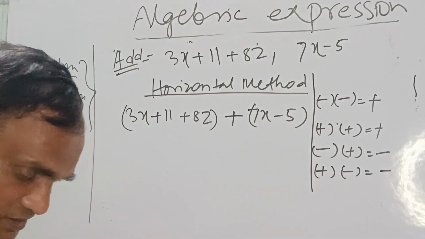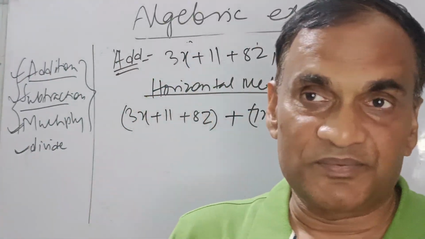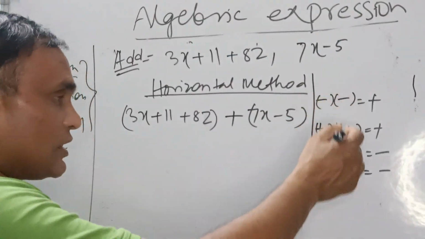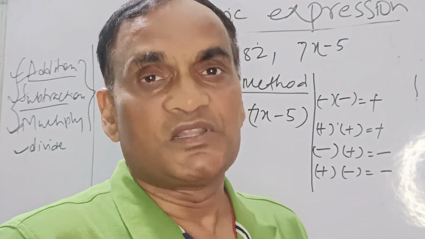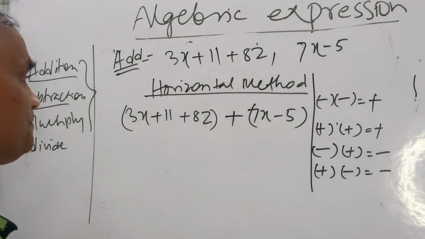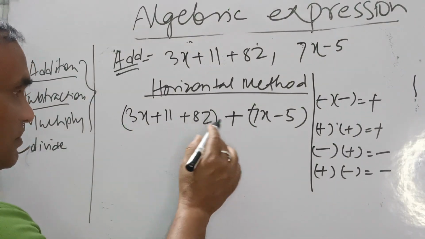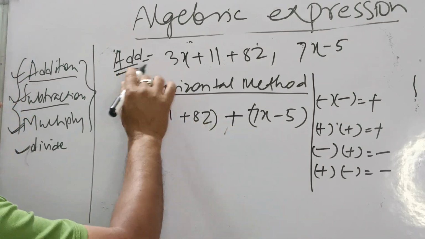These four things are very important for this chapter, and they are going to change the complete scene of this algebraic expressions chapter. This is the base. So this is inside the bracket, and this is between the plus sign because it was to be added.